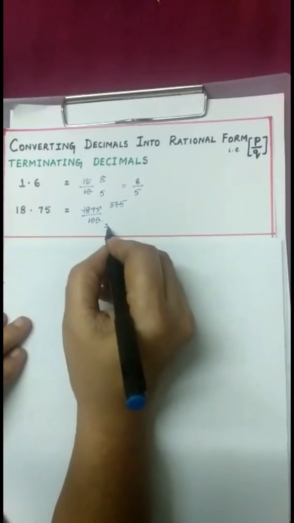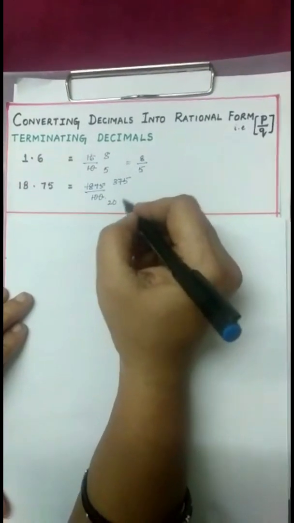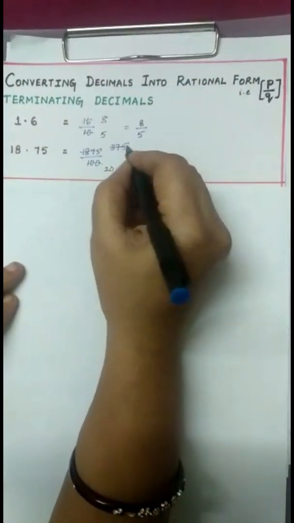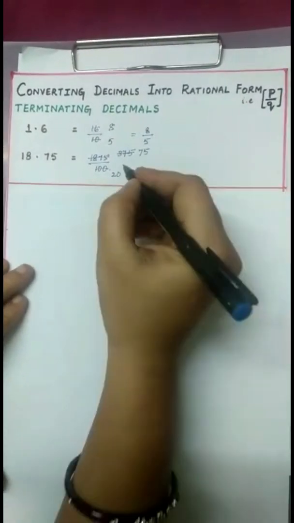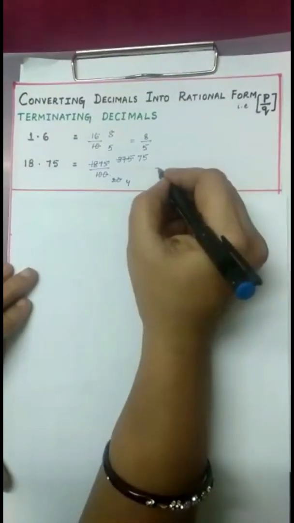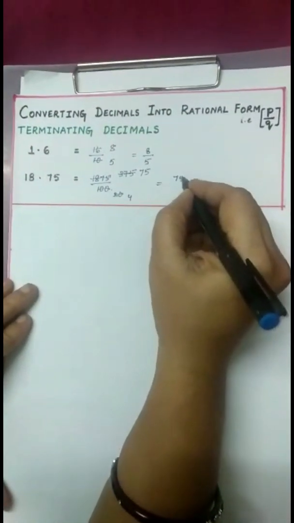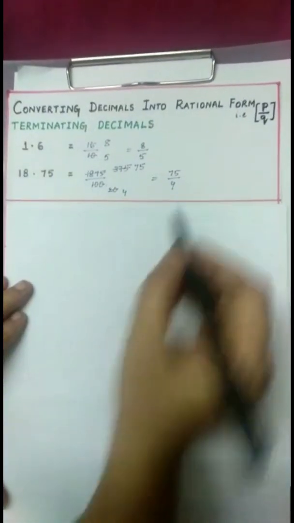Here 5 20s are 100. Now again we can take 5 as a common factor for these two: 5 7s are 35, 25 is the remainder, 5 5s are 25. Here 5 4s are 20. So the required rational number, in the form of p by q, for the given decimal is 75 by 4.